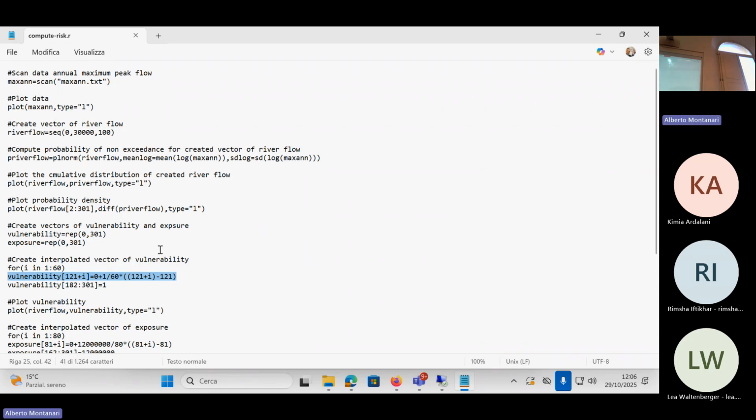I don't need to define the first 120 values, because up to a river flow of 12,000, the vulnerability is 0. So I can leave the vector like it is. I only need to change the vector in the ascending ramp.